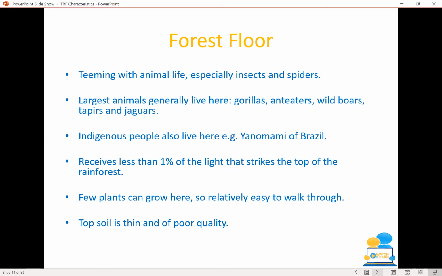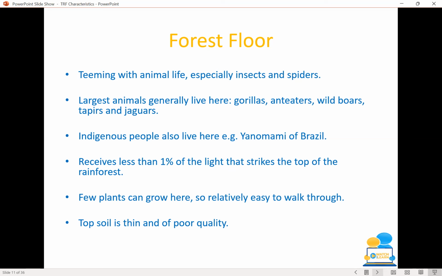It relies a huge amount on falling plant litter from the trees and plants in the rainforest to keep it fertile. In fact, when you cut away the trees and it's not getting this plant litter, it's very, very infertile, and not very good for growing crops or anything like that.